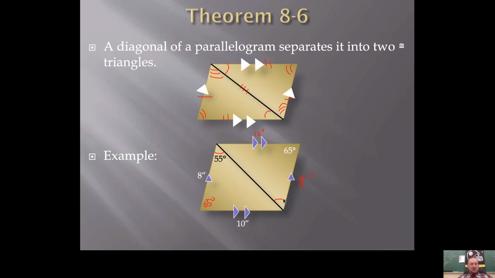Its alternate interior is 55 degrees. Now, you can find this angle measure as well as this angle measure too. Remember, every triangle has 180 degrees. So if this is 65 and that's 55, that's 120 degrees. That means you're left over with 60 degrees.